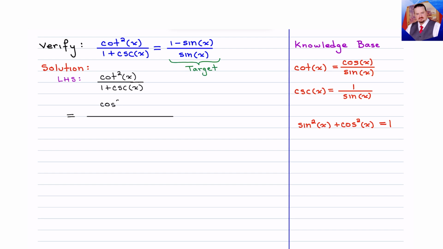So we're going to put that in. That's what it is. And cosecant x is 1 over sine x.